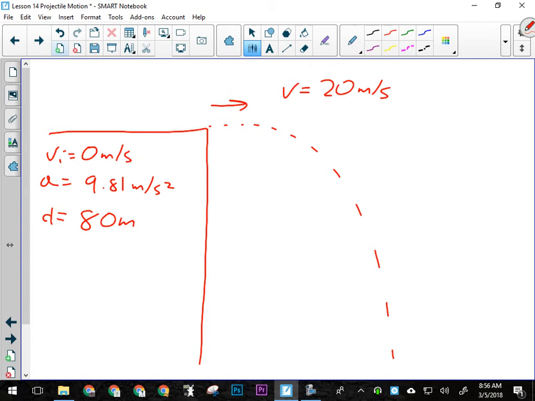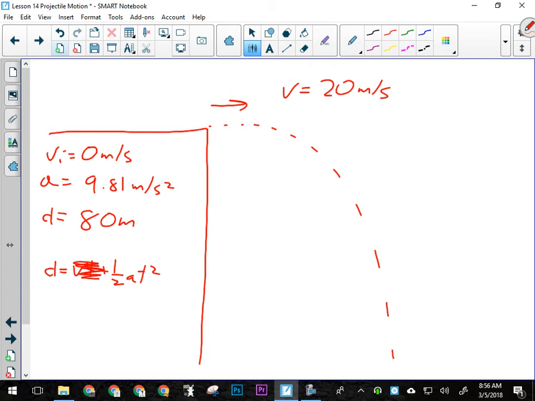These things are occurring at the same time for the same length of time, because obviously once they hit the ground, they're neither traveling horizontally nor vertically anymore. So I'm going to find the time, which means I'm going to use the formula d equals Vi times t plus 1/2 a t squared. But Vi is 0, so I can solve for how long this thing is going to be falling.